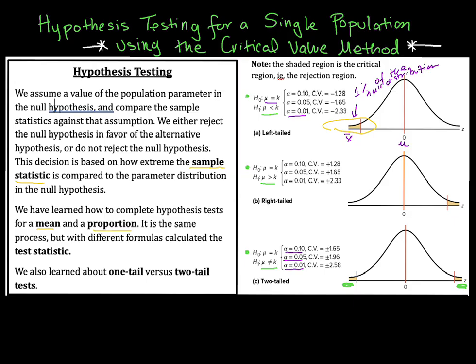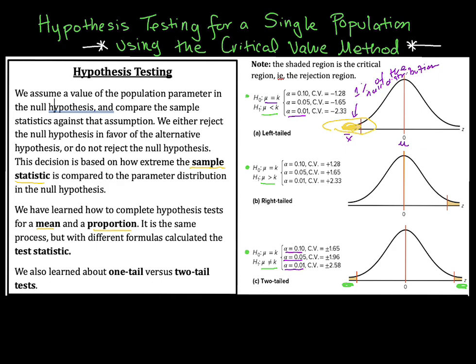So in other words, if the null hypothesis is true and we get a sample mean all the way out here in this area, it is extremely unlikely. There's a 1% or less chance of getting a sample mean all the way out there. So if we do get a sample mean all the way out there, then we would reject the null hypothesis.